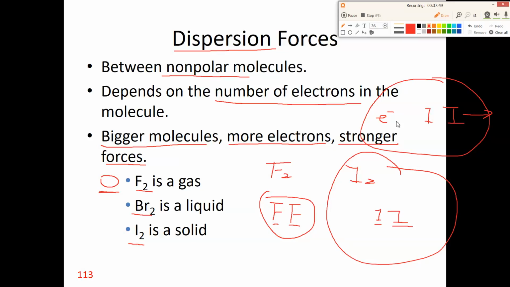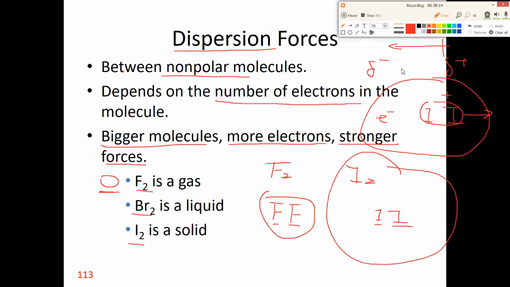So what is the effect of this? You have the nucleus here, positive charge here, and negative charge on the trailing end. So basically it creates a temporary dipole, with more positive charge at this end and more negative charge at this end.